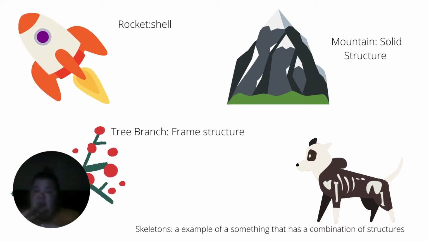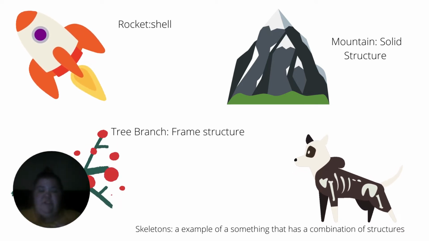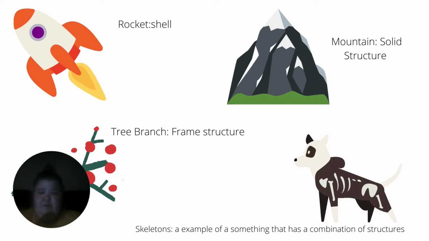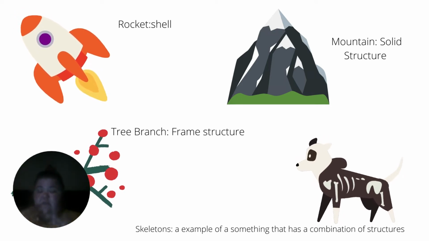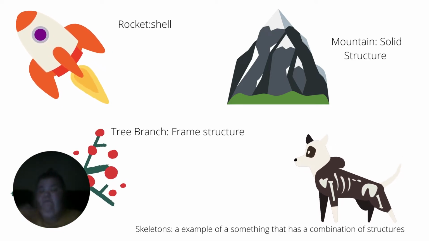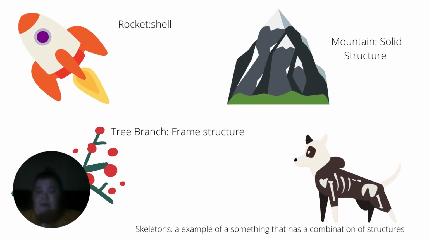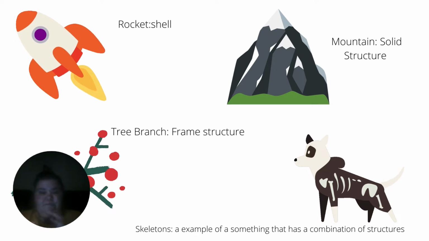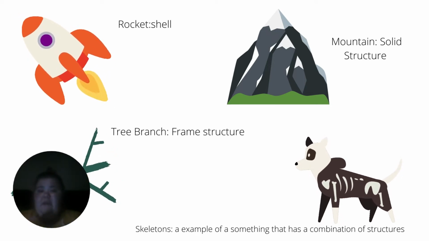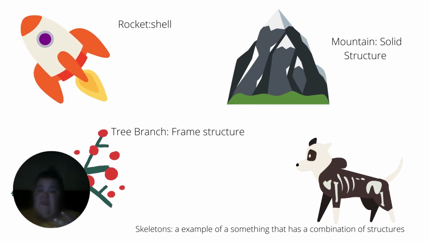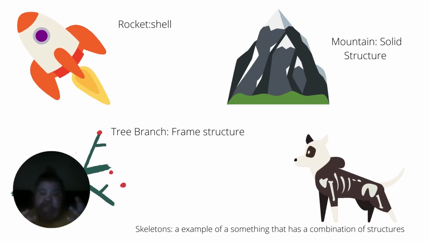Then we have the tree branch, which is a frame structure because it is made out of wood, and we have apple wood and cherry wood and apricot wood, but it also holds fruit and leaves and insects.